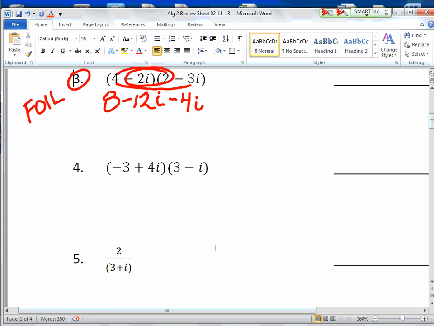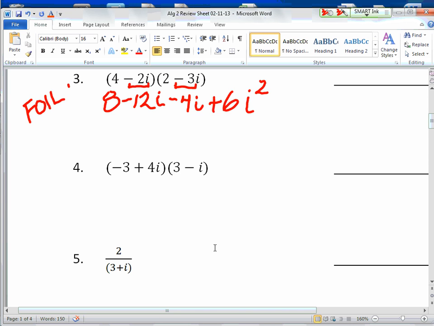And then I'm just going to erase to make it easier to see what's going on here. So lastly, this is where people mess up. We're going to multiply -2i times -3i. So negative times negative is positive. 2 times 3 is 6. i times i is i squared.